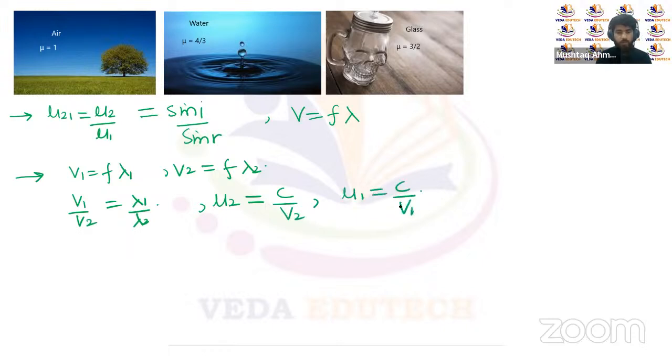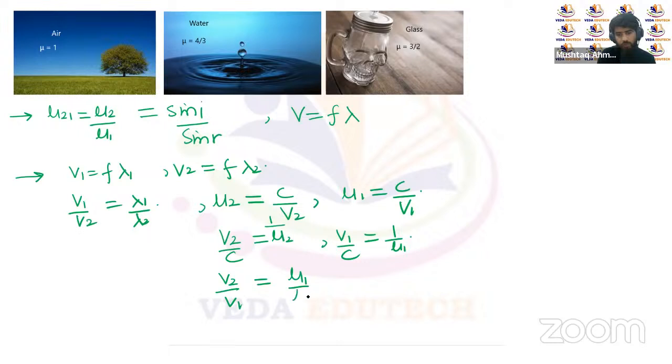We can also write v2 upon C equal to 1 upon mu2, and v1 upon C equal to 1 upon mu1. Now, if we divide these two quantities, v2 upon v1 will be equal to mu1 upon mu2, or v1 upon v2 will be equal to mu2 upon mu1.